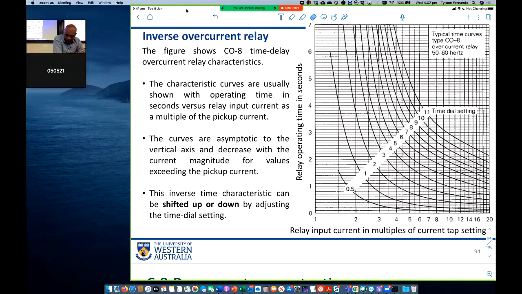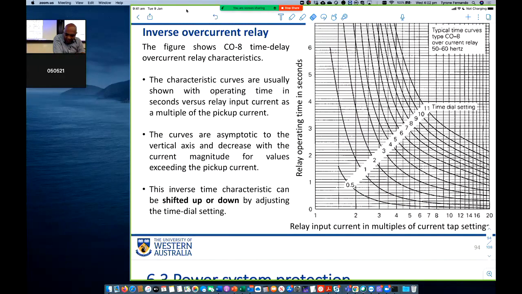Okay. So figure CO8 time delay overcurrent relay characteristics. The characteristic curves are usually shown with operating time in seconds on the vertical axis, and relay input current as a multiple of pickup current on the horizontal, as I said.